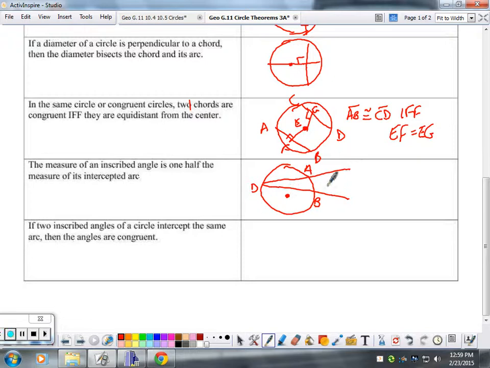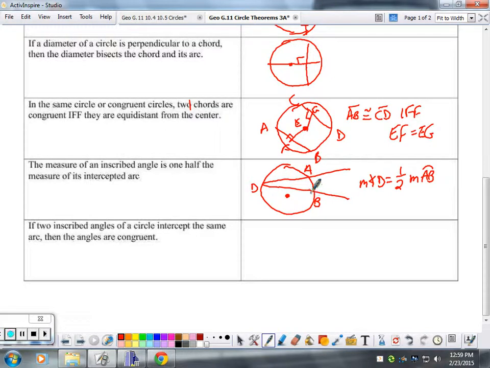So the way this works is the measure of angle D is 1/2 the measure of arc AB. So if arc AB is 20, then angle D would be 10, half that arc. If you know the angle, say angle D was 50, then the arc would be 100.